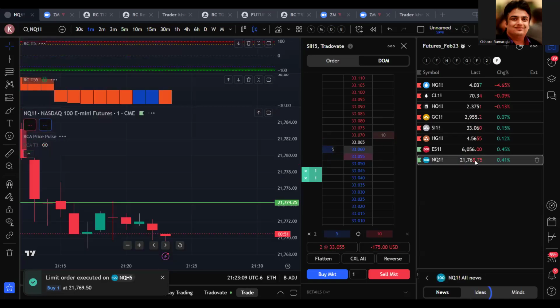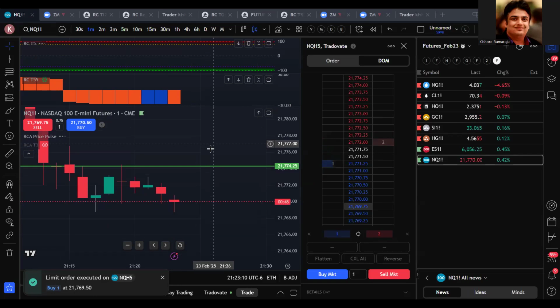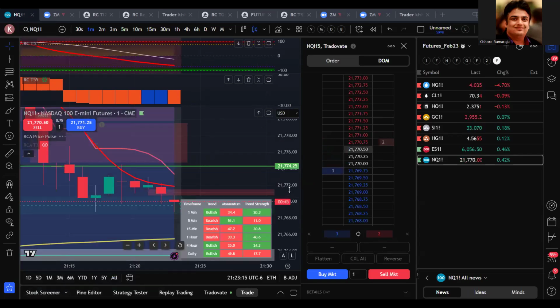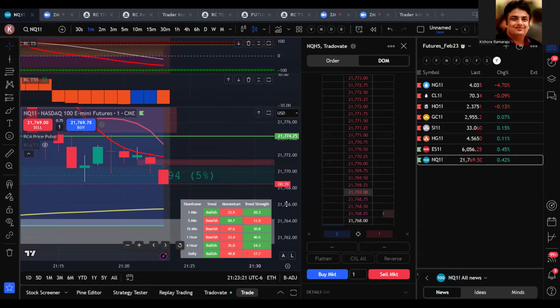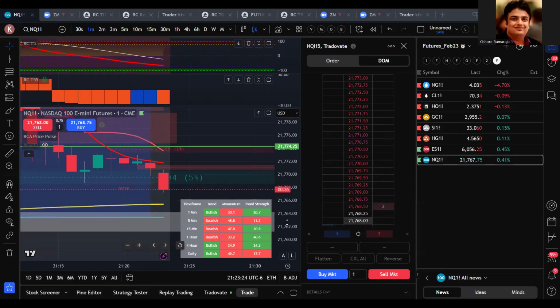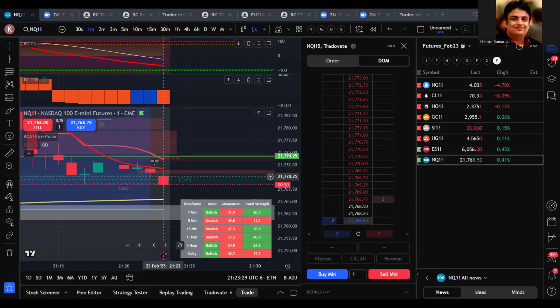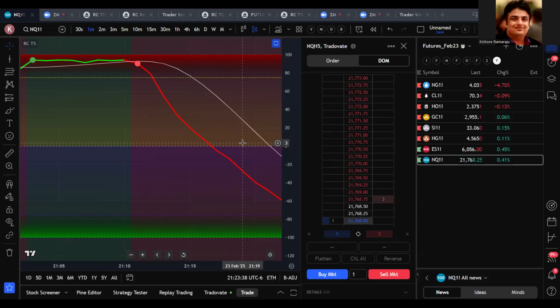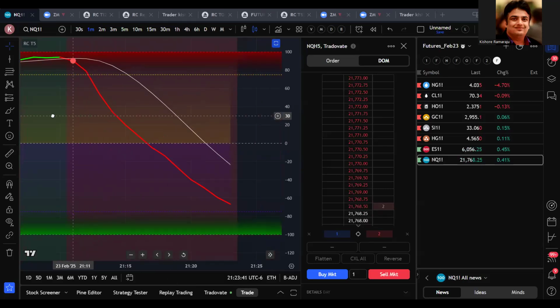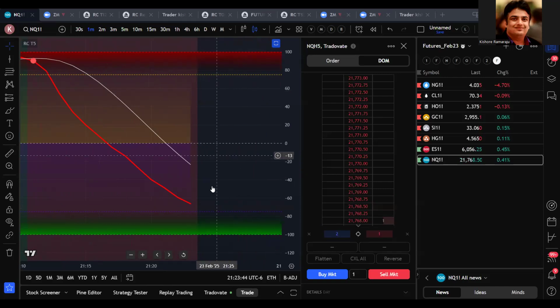NQ also I took profits. All the limit orders got filled. So you can see how it came all the way to the bottom. In few minutes again it will start going up. Once you get that PP buy, everything bullish, then again it will go up. Again we can make some $100, $150 on the upside.